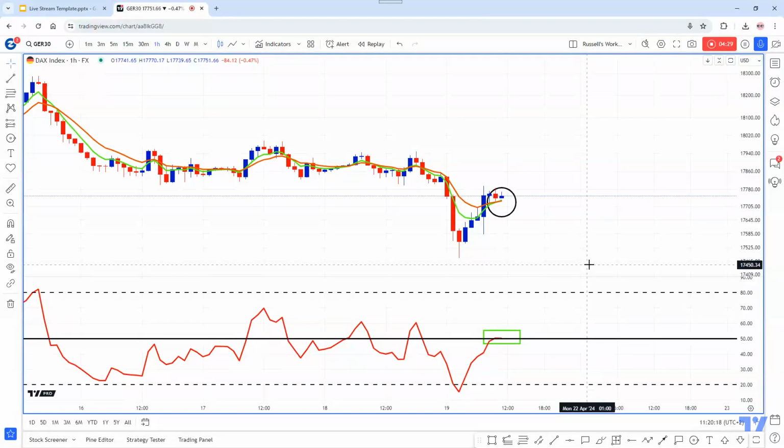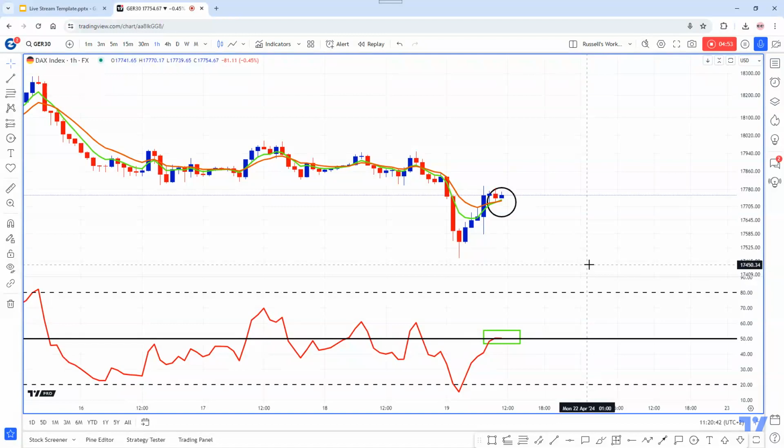So just watch the RSI on that 50. If we dip below 50, bears taking over. If we pop above 50, bulls maintaining. Keep an eye on the EMAs. Do we get that bullish cross, or does it revert back where the green EMA moves back below the orange longer-term EMA? That would be a bearish development.